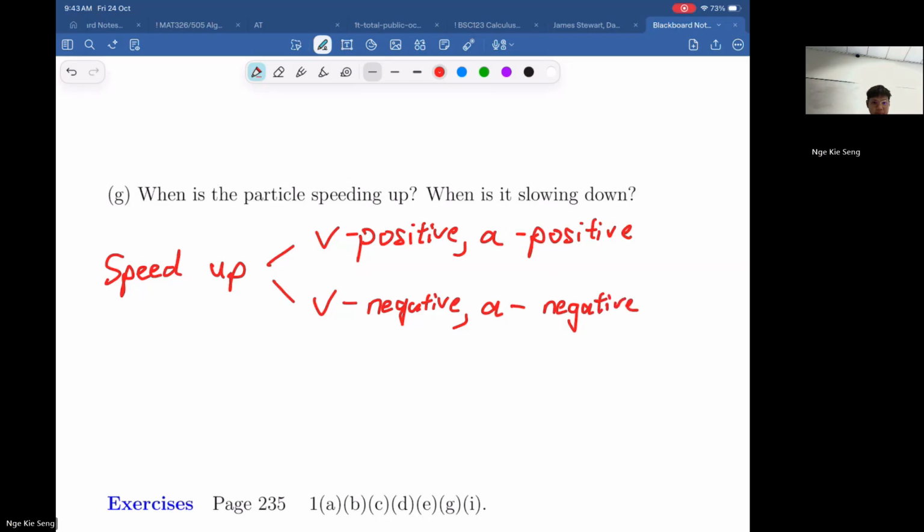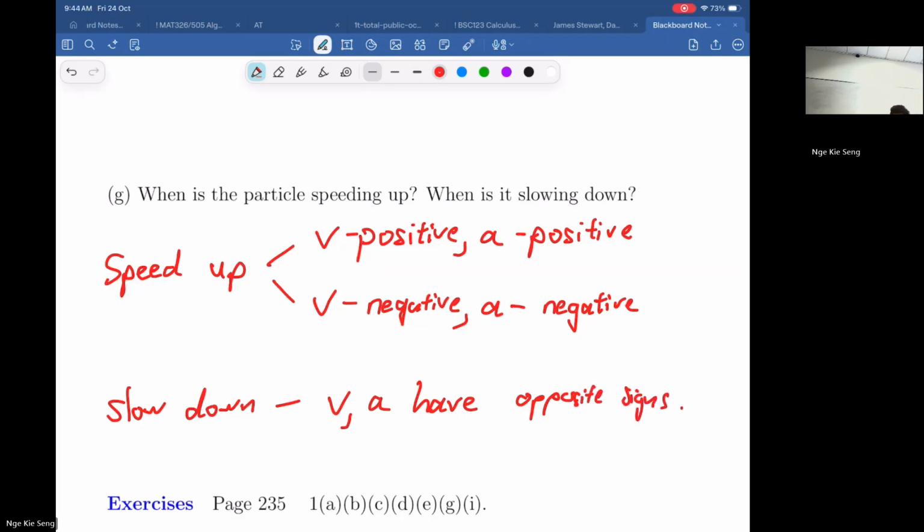So a particle will speed up if velocity and acceleration have the same sign. If it slows down, then they will have opposite signs, because your velocity is moving in one direction, but your acceleration is moving in the other direction. So you slow down.